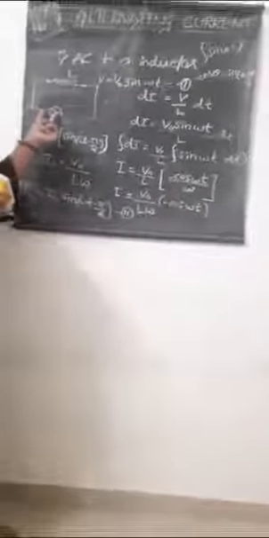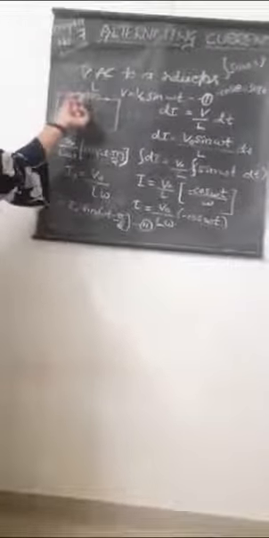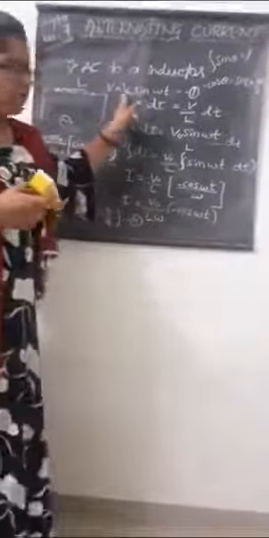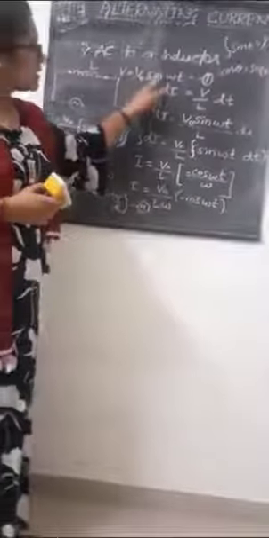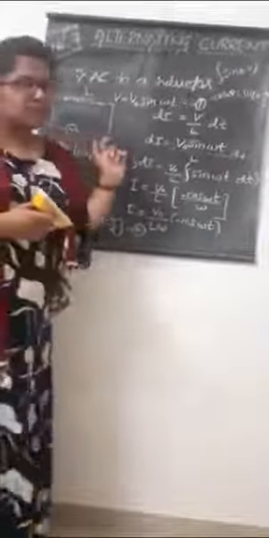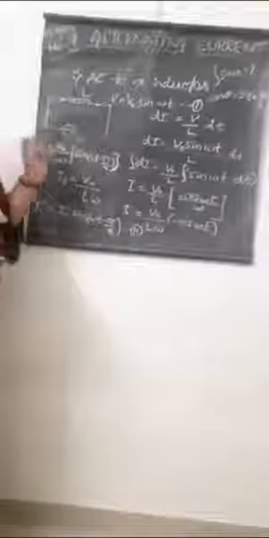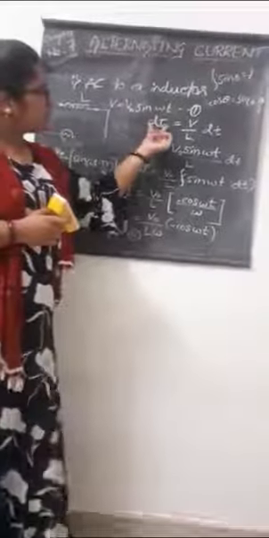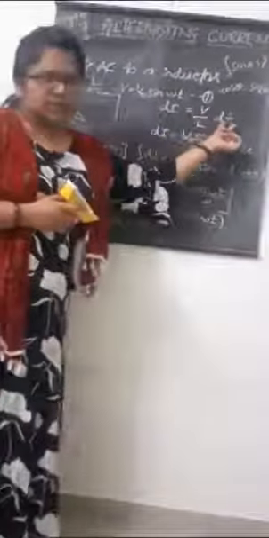In this circuit, I am using one AC source and I am connecting it to one inductor of inductance L, and such a circuit is said to be an inductive circuit. In this inductive circuit, we know the alternating voltage V0 sin omega t, and we are considering the EMF, that is minus L into di by dt, and by that we get di is equal to V by L into dt.